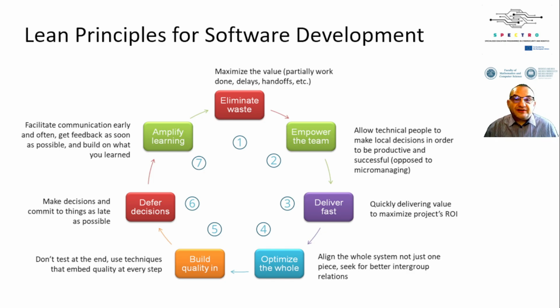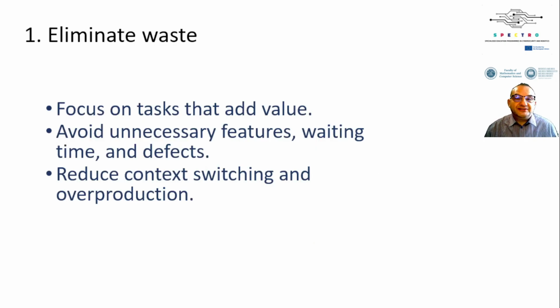These principles provide a comprehensive framework for addressing challenges in software development. We'll go through each principle, exploring its meaning, benefits, and practical application. And first we have eliminate waste.